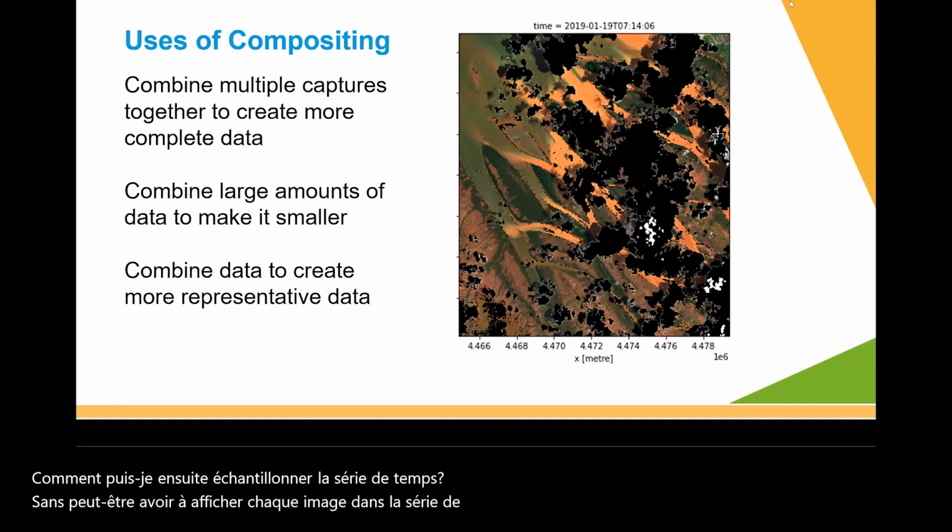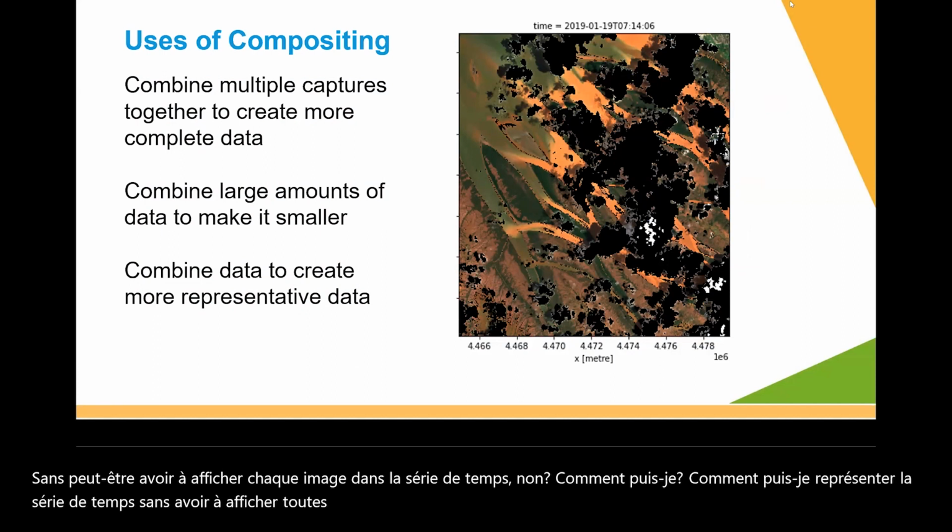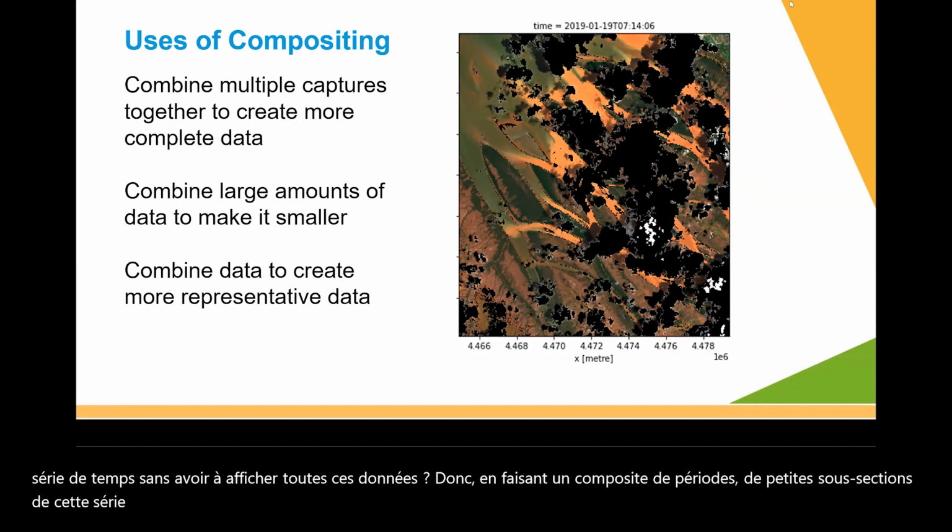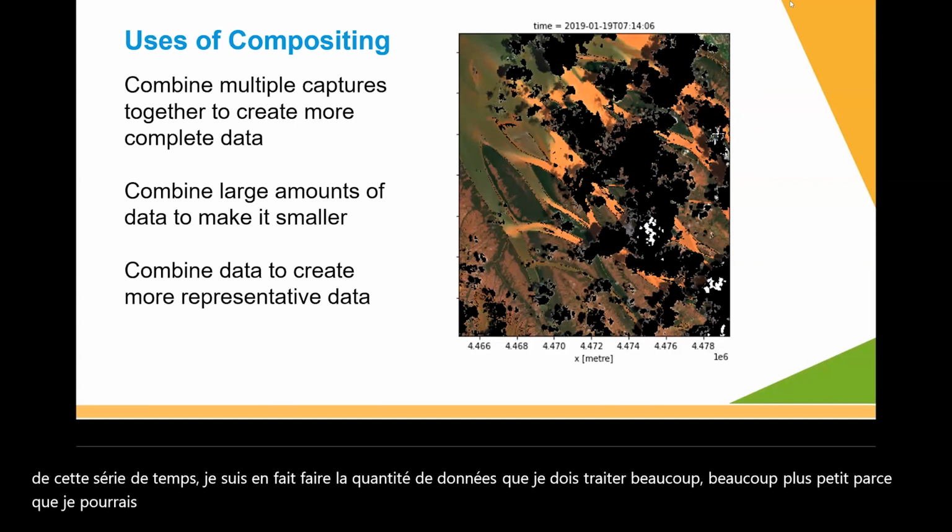How can I represent the time series without having to display all that data? By making a composite of periods, small subsections of this time series, I'm making the amount of data I have to process much smaller, because I could combine a whole month of satellite captures into a single capture.